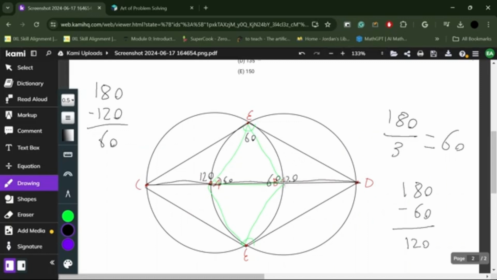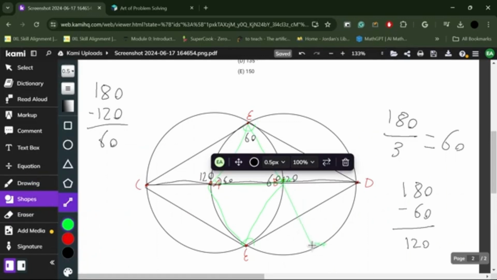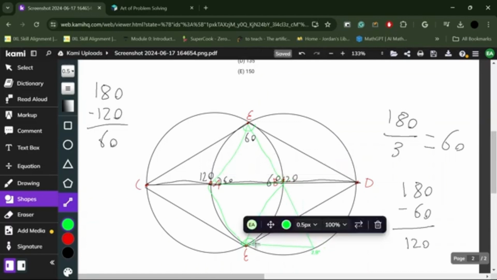See, circles can actually be turned into a bunch of equilateral triangles. So this specifically, it might be a lot to see right now. It might be pretty complex, but just stay with me. Okay, so we can actually make more. I'm going to use the green again. We can make more equilateral triangles.